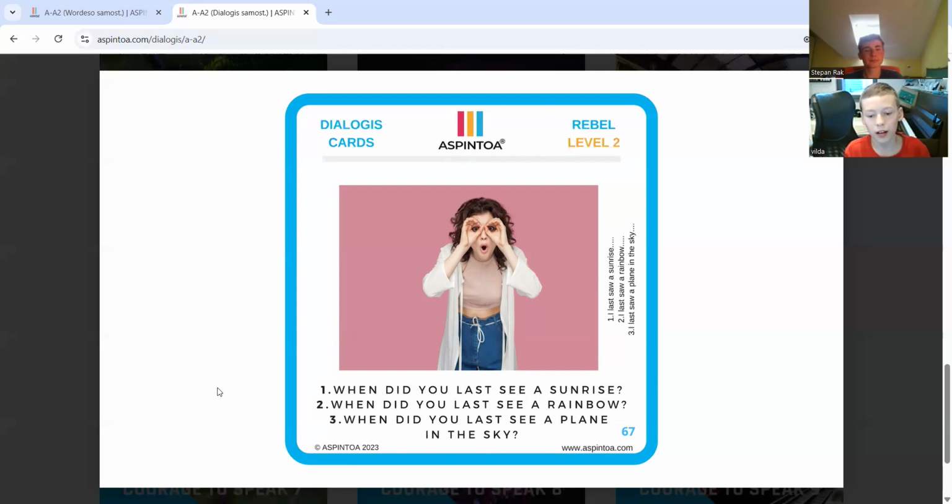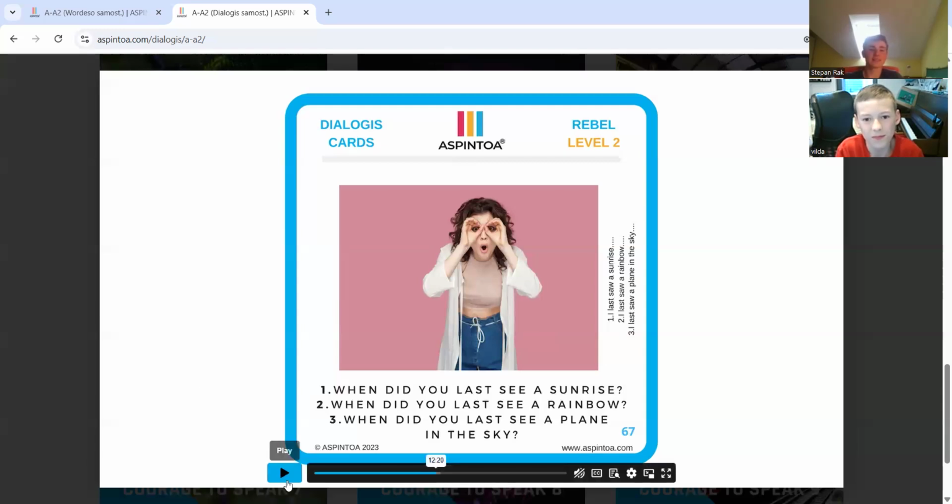And when did you last see a rainbow? A rainbow. That's gonna be a long time ago as well. I actually kind of remember the last time that I saw a rainbow. And when did you last see a plane in the sky? Literally yesterday when I flew back from London to Prague, I was on the plane that I saw.